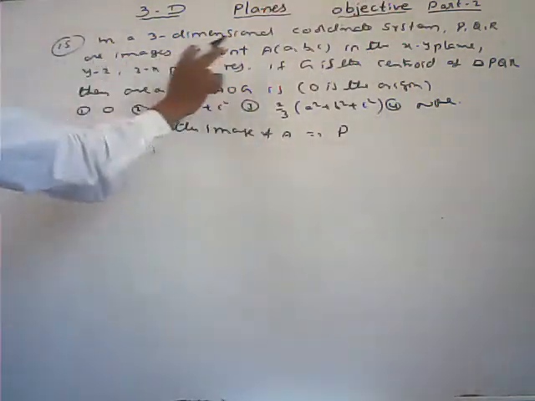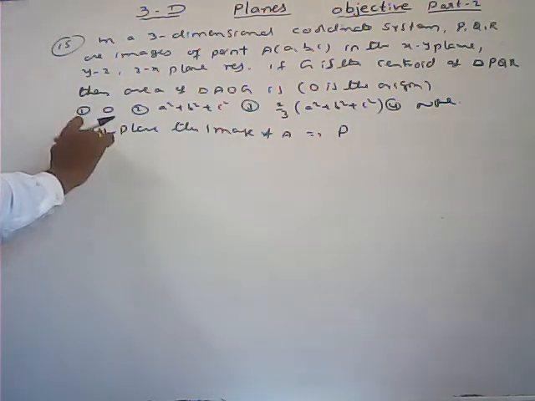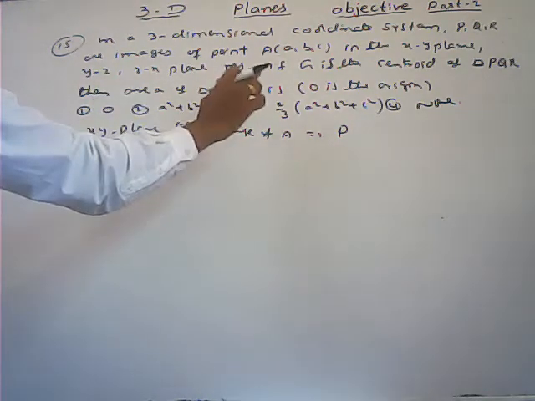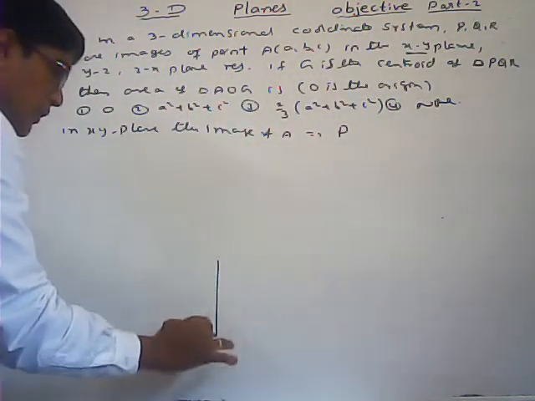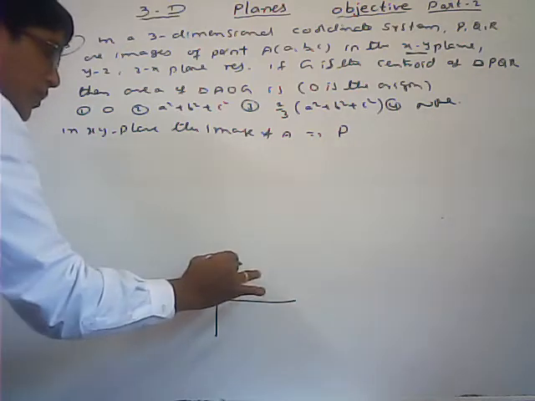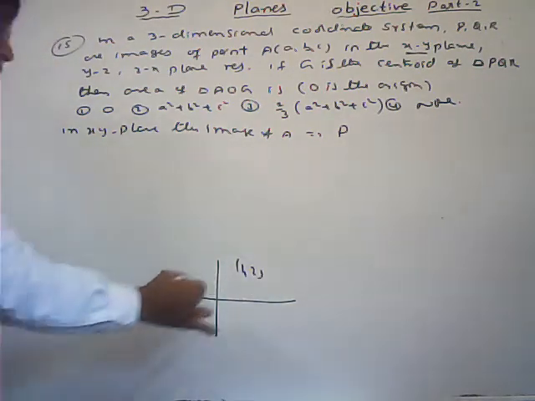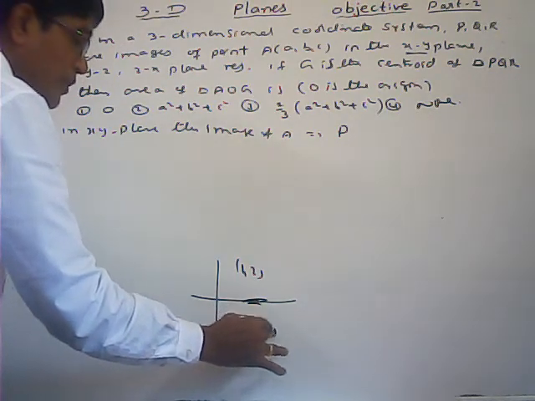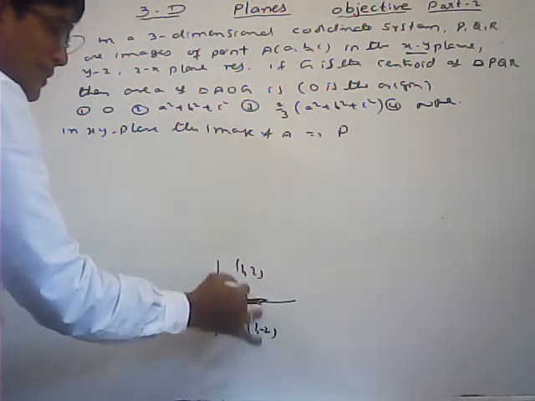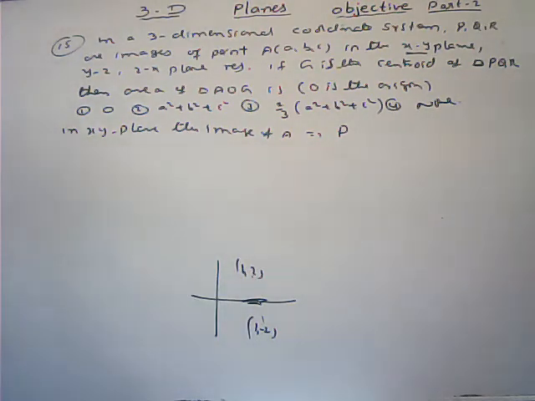P is the image of that point A with respect to the xy plane. In two-dimensional coordinate geometry, for example (1, 2) belongs to the first quadrant. The image of that one with respect to the x-axis belongs to the fourth quadrant. With respect to the x-axis, the x coordinate remains the same only. Here the sign of the y coordinate changes. Plus 2 becomes minus 2.